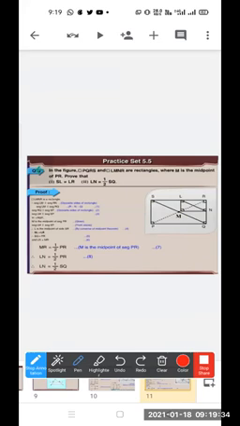Now we have to consider triangle RSP. In that, what is given, children? In the question it is given M is the midpoint of PR. Therefore, segment LM is parallel to segment SP.